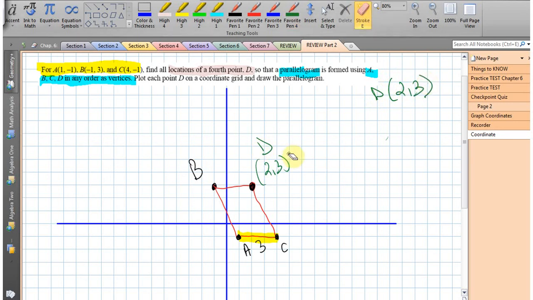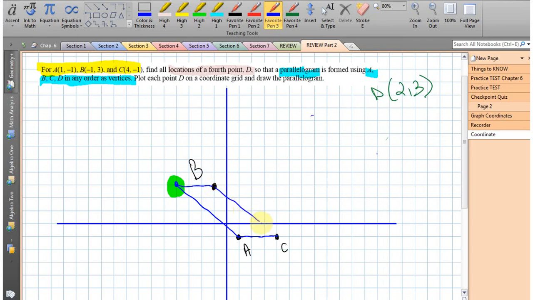Where else could D be? Well, D can be in a few other locations. Let's try to use our imagination in here. What if we put D somewhere over here? Meaning, if the parallelogram had the order of these letters, A, D, B, C, point D would be over here.